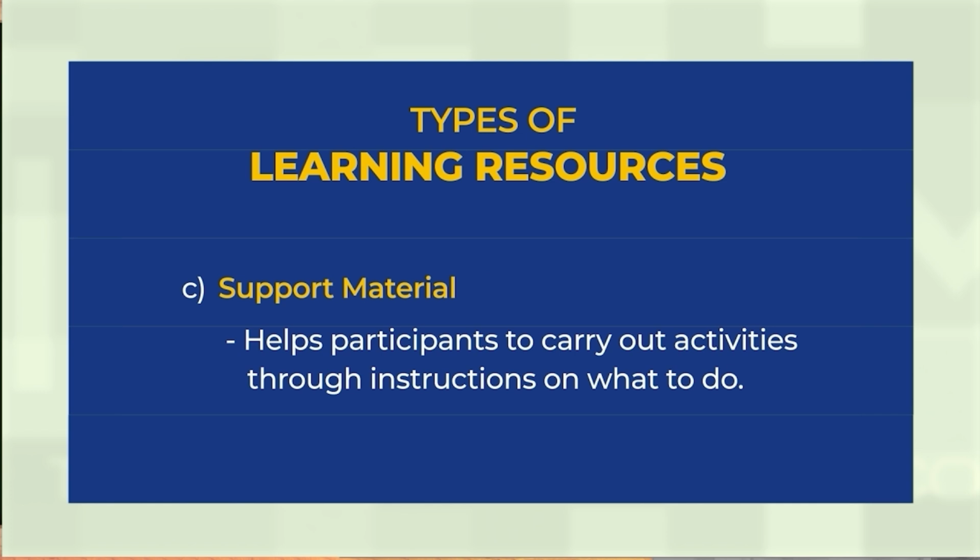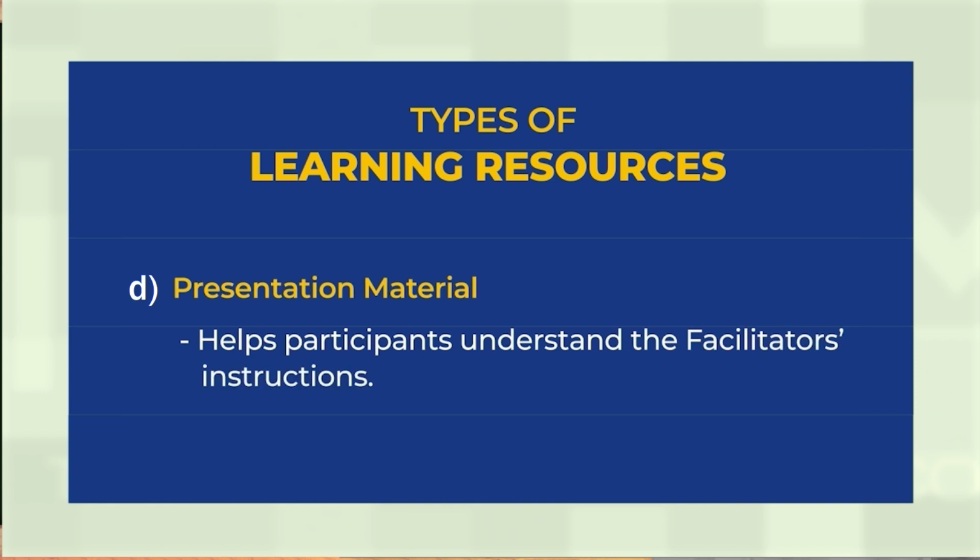C. Support materials. The support material, on the other hand, helps participants to carry out activities through instructions on what to do. D. Presentation materials. The presentation material is the story of a training session and helps participants understand the facilitator's instructions.